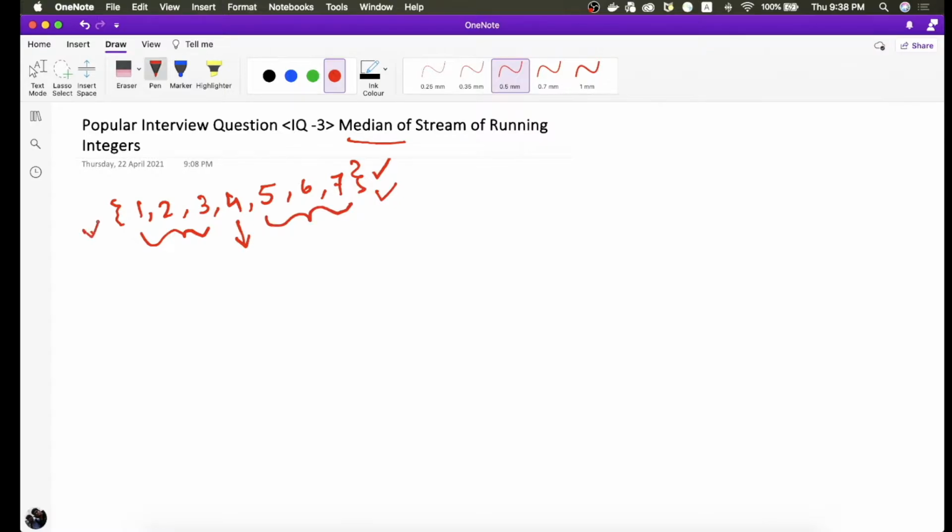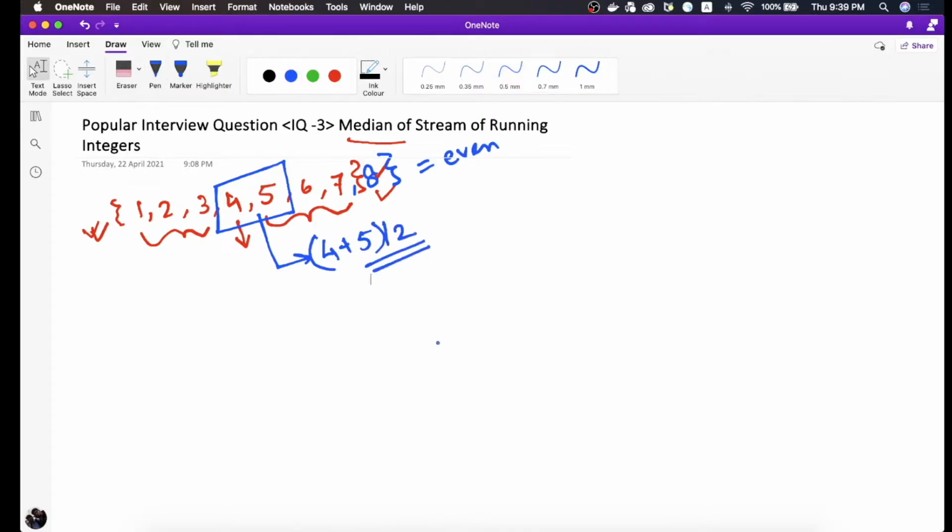Whereas if this set of numbers had one more number, for example 8, and the size is even, at that time the median would be the average of the two middle numbers present within this set. So over here the median will be (4 + 5) / 2.